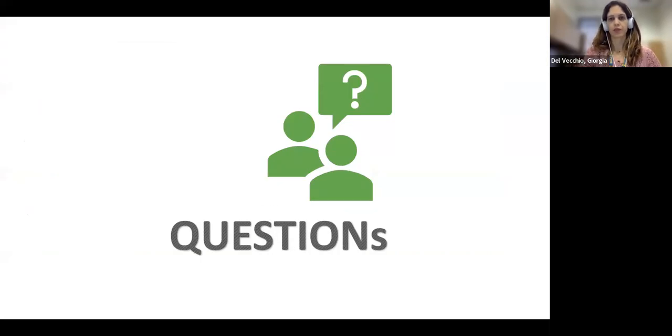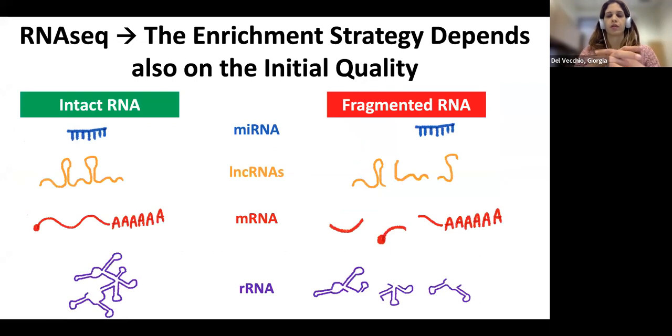Okay, so let's move to the initial RNA quality check control and why is that important. So as I mentioned, the enrichment strategy also depends on the initial quality of your RNA. So if you have intact RNA, you should not have issues.